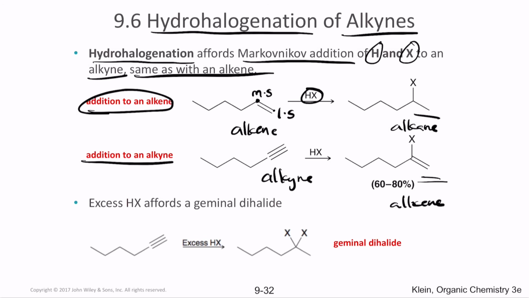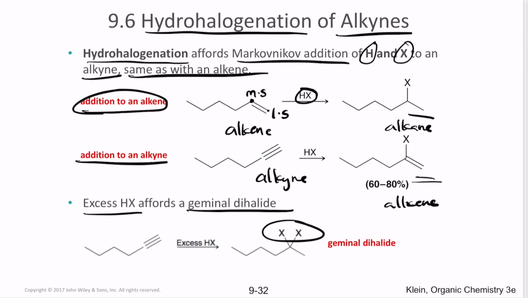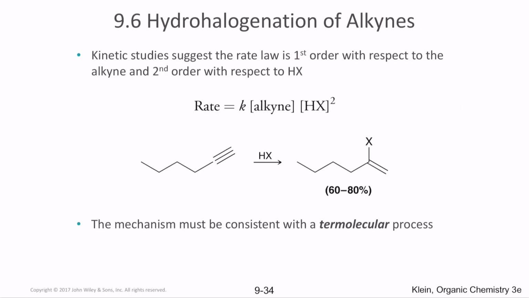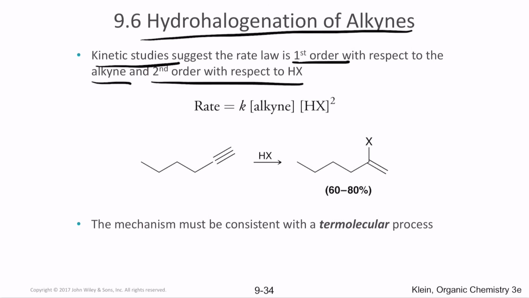Now in this process, you should not use excess HX, because excess hydrohalic acid can add twice to the structure, resulting in the formation of a geminal dihalide. For hydrohalogenation of alkynes, kinetic studies suggest that the rate law is first order with respect to the alkyne and second order with respect to HX, written as rate equals k times the concentration of alkyne times the concentration of HX squared.